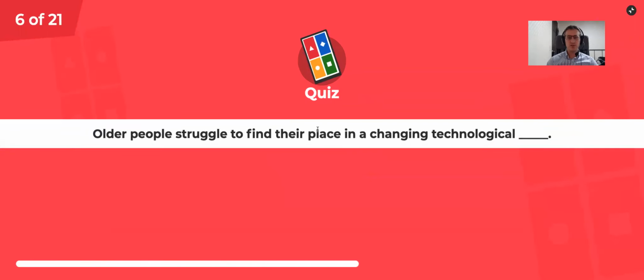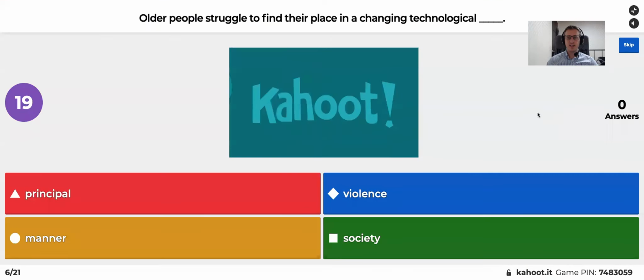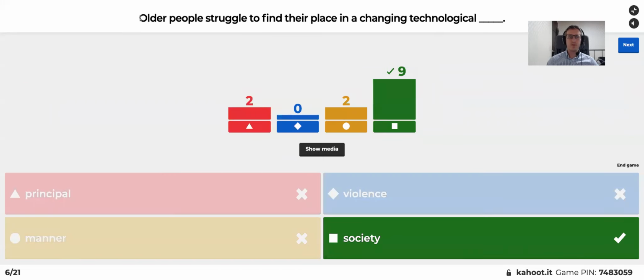And older people struggle to find their place in a changing technological blank. So this might be a little confusing when we say struggle to find their place.